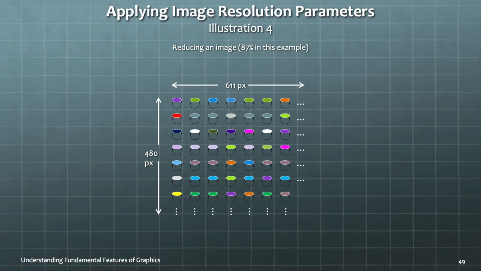To simulate the original pattern of colors and pixels, some pixels need to be deleted and the remaining ones recolored. In this case, we went from 700 by 550 pixel dimensions to 611 by 480. The aspect ratio of width to height is maintained, as always when resizing, but information has to be changed and/or discarded.